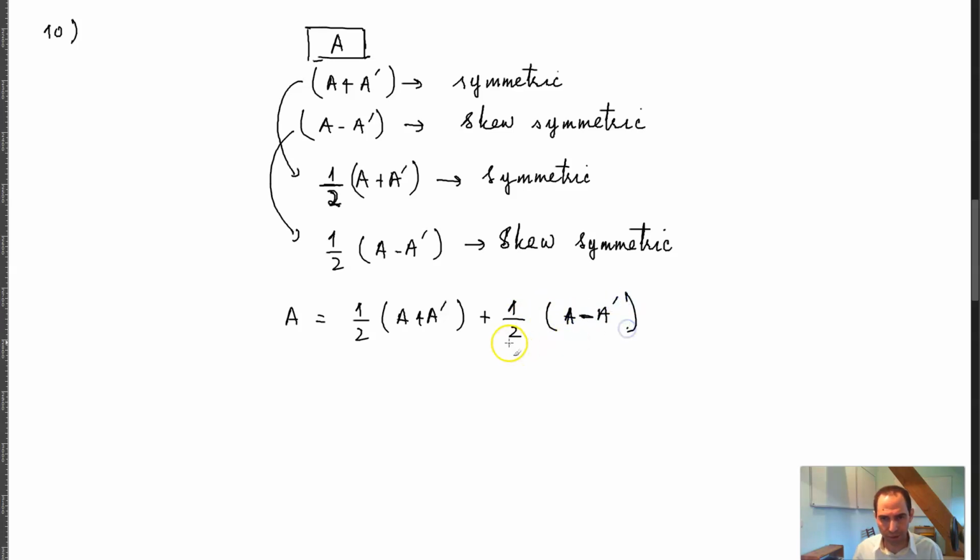Since this is a symmetric matrix and this is a skew-symmetric matrix, you would have written A as the sum of a symmetric and a skew-symmetric matrix.